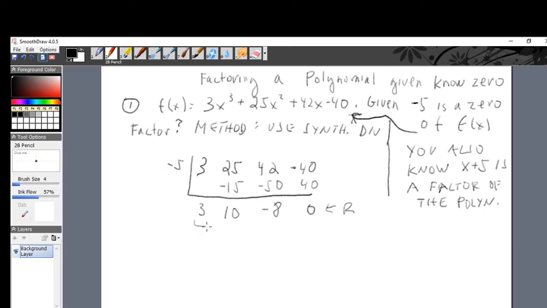We knew this was going to happen, given negative 5 is a zero, that we'd get a 0, but we get something very important over here.